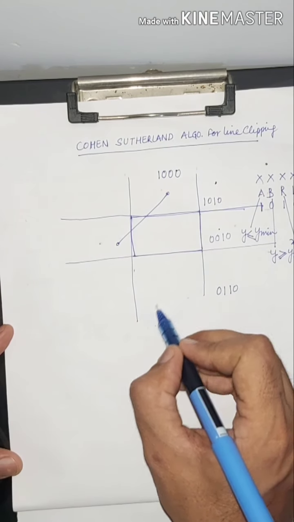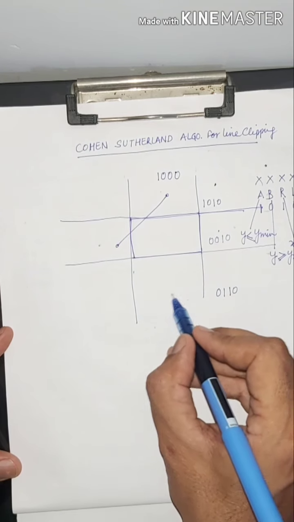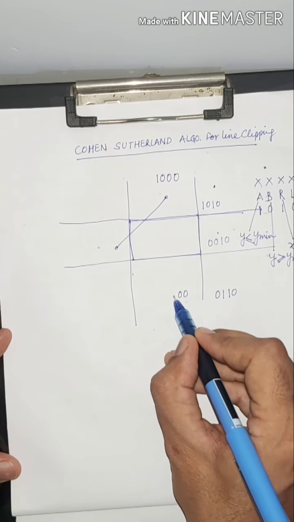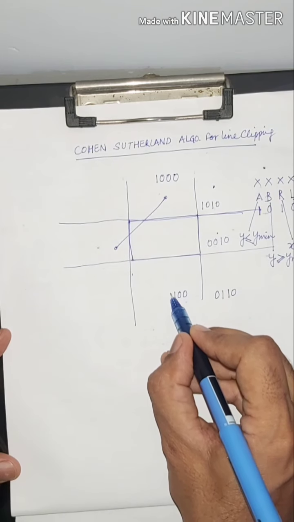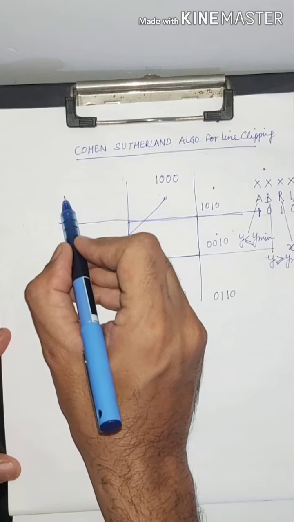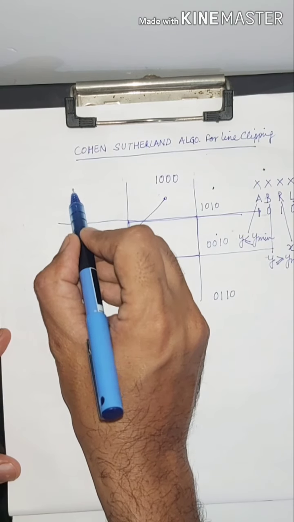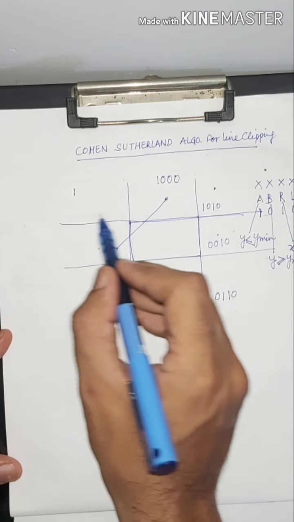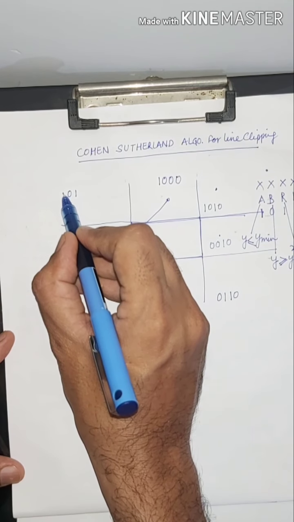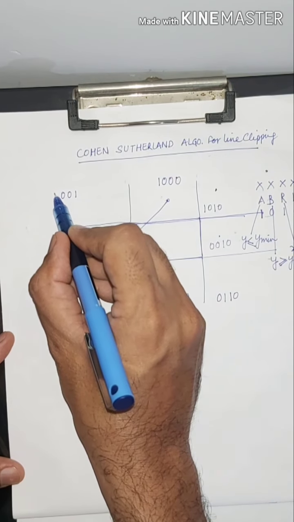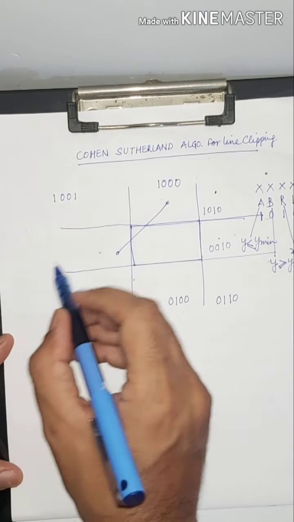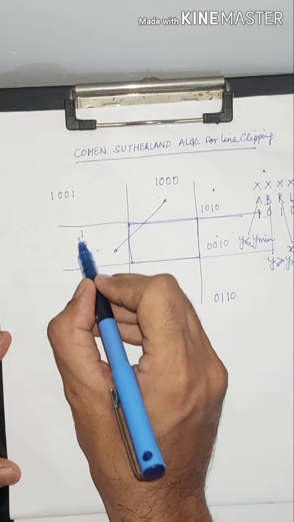And similarly, the region code for this will be: left, no. Right, no. Below, yes. Above, no. Similarly, for this region: left, yes. This region is on the left of the window. Right, no. Below, no. Above, yes. Similarly, for this region code, you will have left, yes.